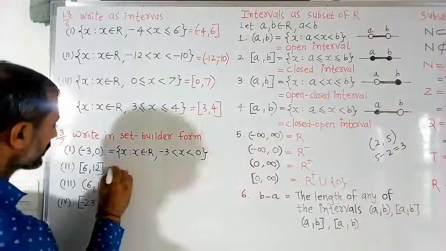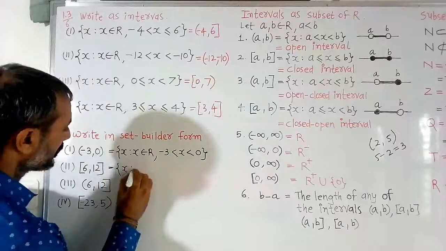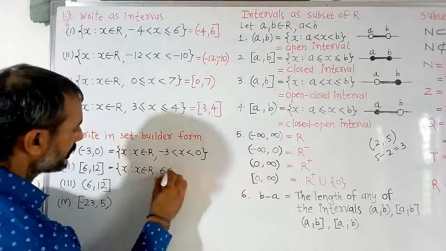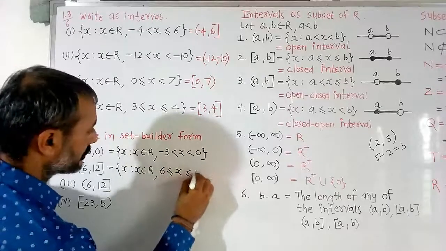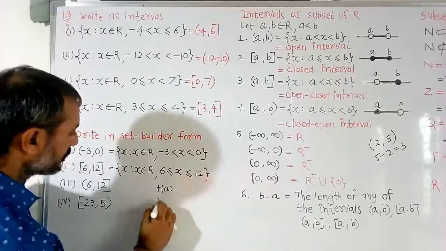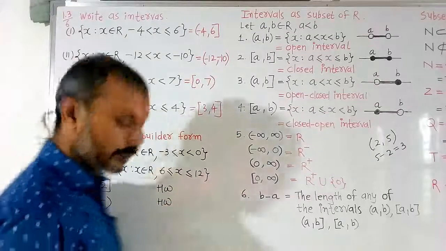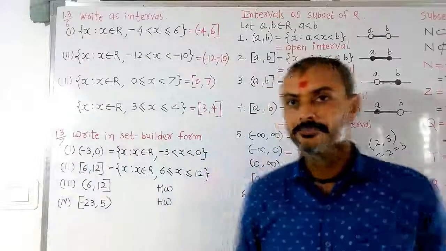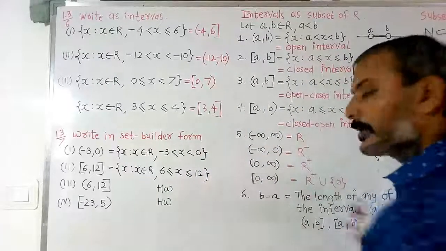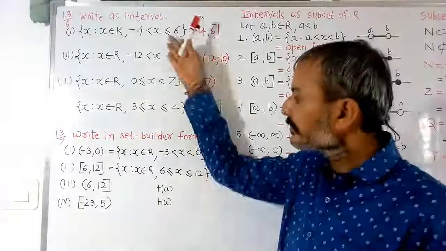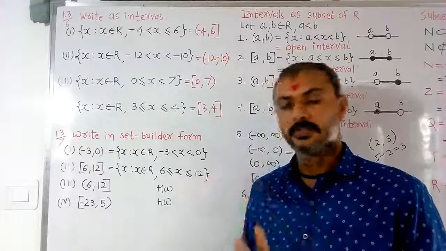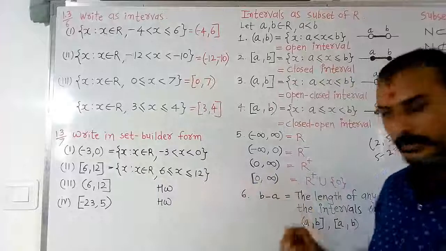See, the set of all x belongs to R, 6 less than or equal to x less than or equal to 12. Okay, so I give you the next two in homework. Is that clear? So this theory part you have to write 10 times, and question 6 and question 7 you have to write 2 times in homework. Okay, next, not that one.